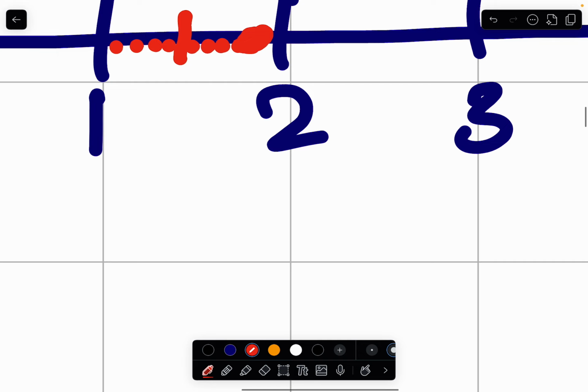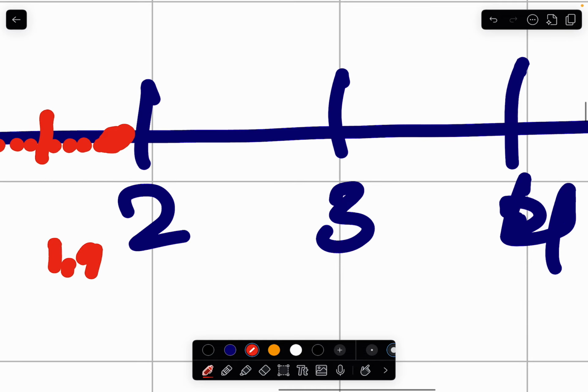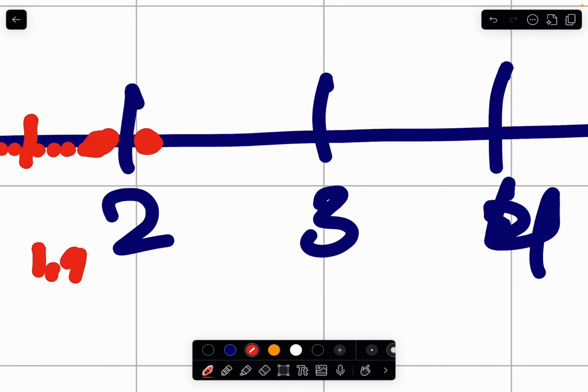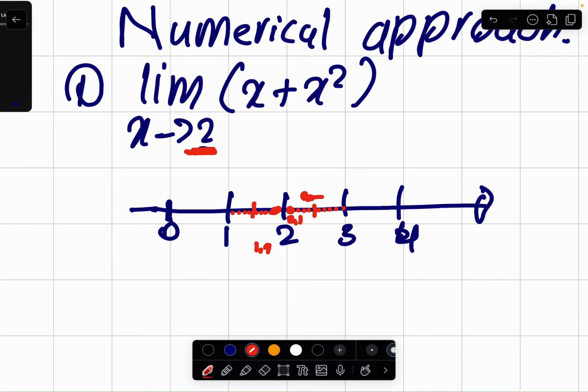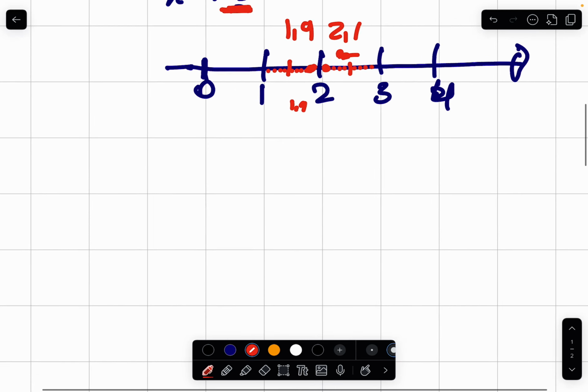Meaning the closest value of x to 2 from the left is 1.9. Then from the right we have 2.1, 2.2, 2.3, 2.4, 2.5, 2.6, 2.7, 2.8, 2.9, then 3. Meaning the value closest to 2 from the right is 2.1. This side is 2.1, and this side is 1.9.